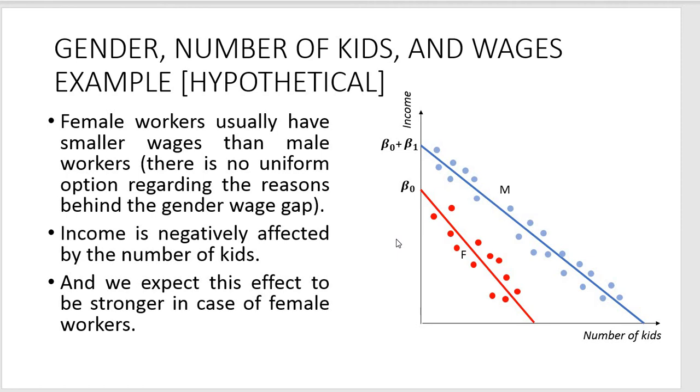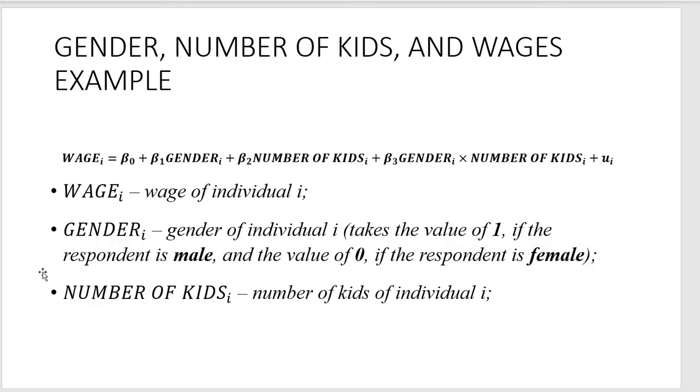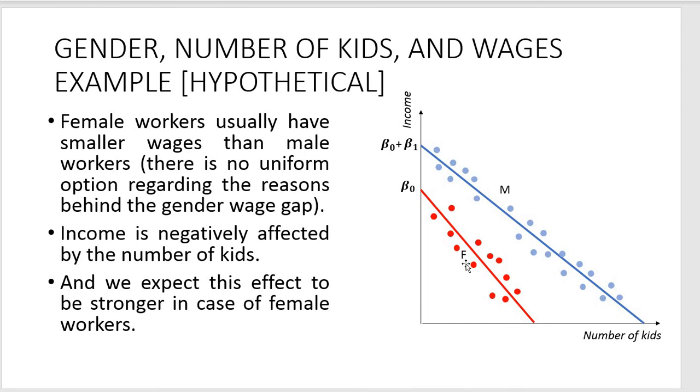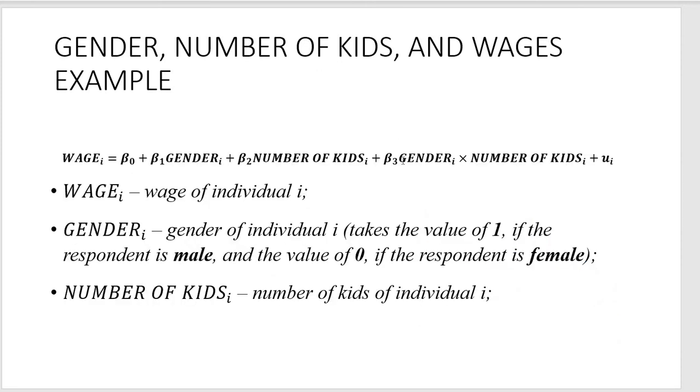Employers always discriminate against workers with kids, but I assume this discrimination effect to be stronger in the case of females. So that's how my regression line is expected to look. And in order to capture this difference in the coefficient, or basically in the slope of the regression line for females and males, I have to multiply the gender variable by the number of kids.